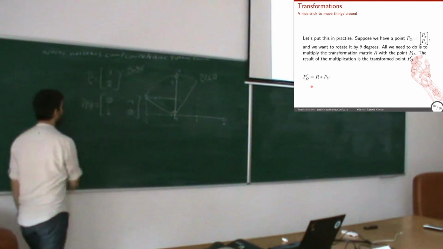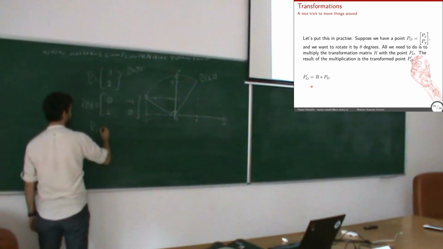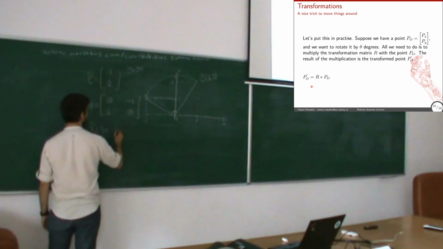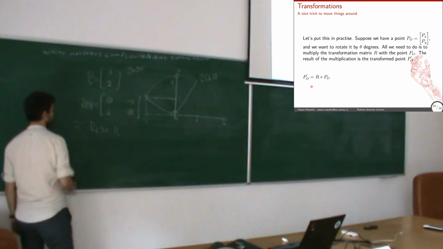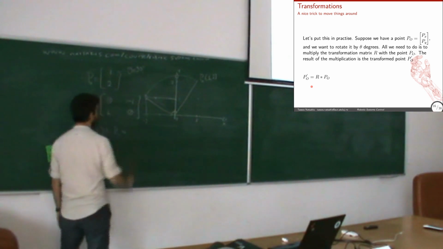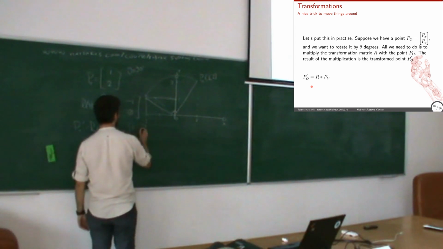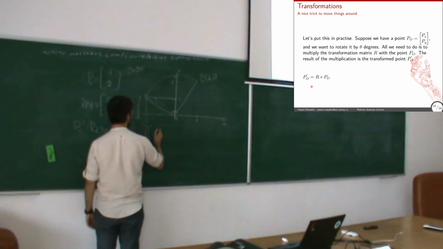Okay? So let's practice multiplication of matrices. So R90 multiplied by P0, and we're going to get a P0 prime. Okay? So this is 0, minus 1, 1, 0, and this is 1, 2.